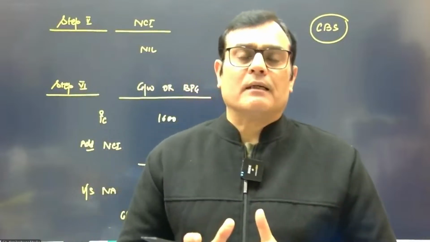So let me give you those 2-3 inputs at this stage. Number one, the consolidated balance sheet needs to be prepared by the legal acquirer. That is A. Because the requirement under the Companies Act is that the consolidated balance sheet is going to be prepared by the legal acquirer.